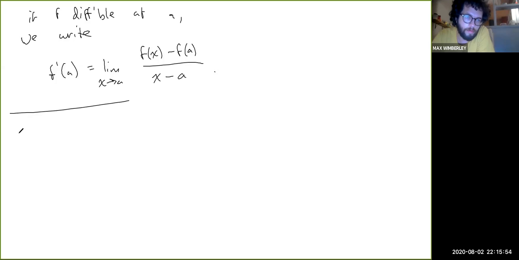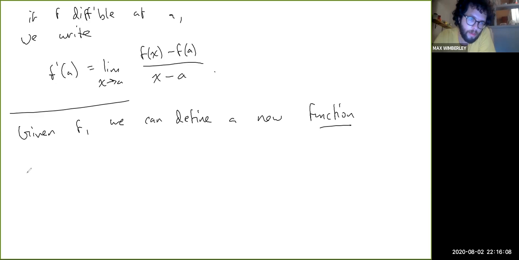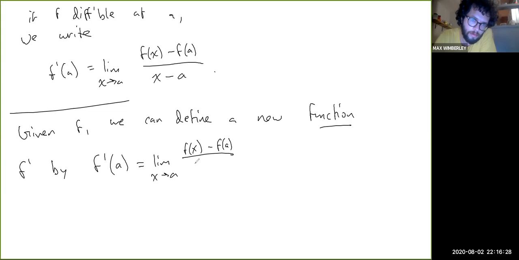So given f, we can define a new function f prime by f prime of a equals this limit, wherever it exists.